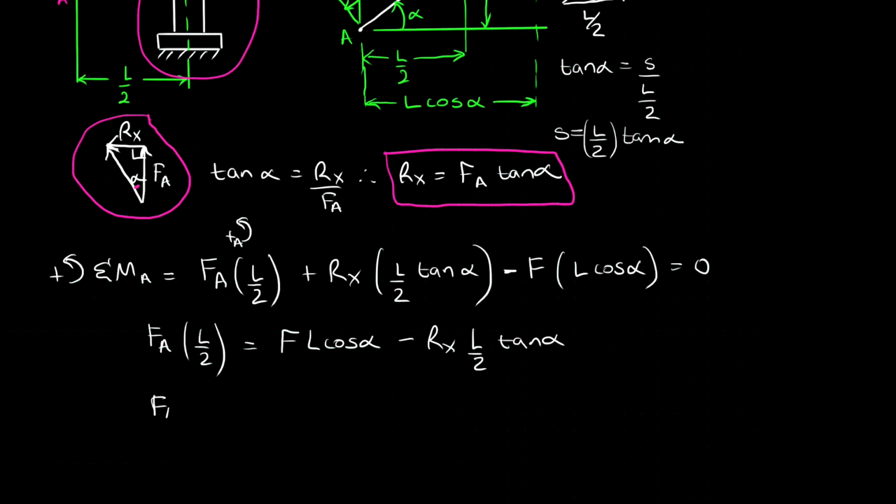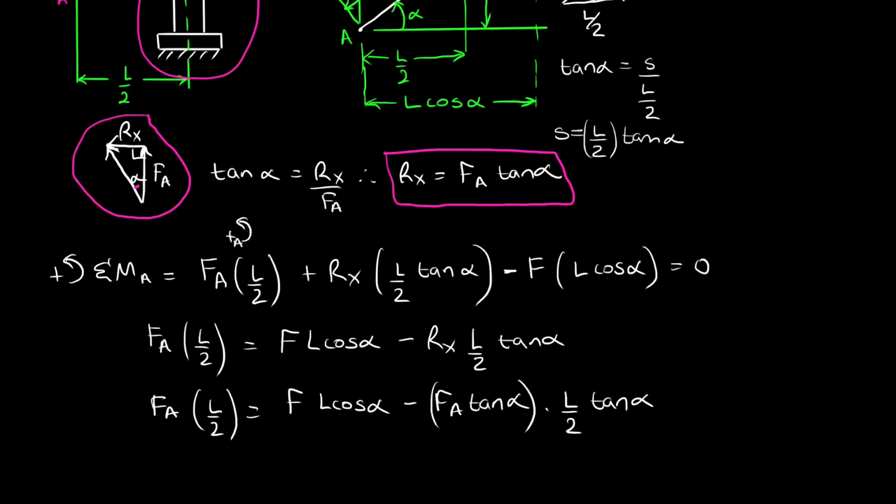So FA L on 2 is equal to F L cos alpha minus Rx. It's time to substitute that in. So here we go, Rx is FA tan alpha, put that in brackets, times L on 2 tan alpha.